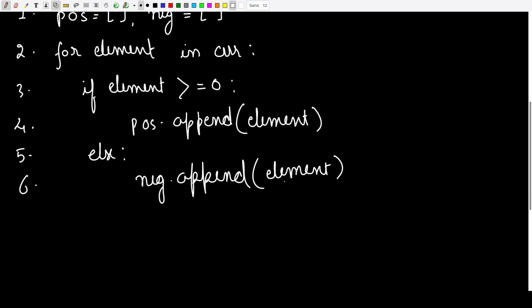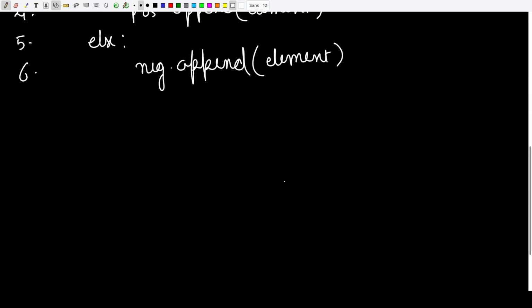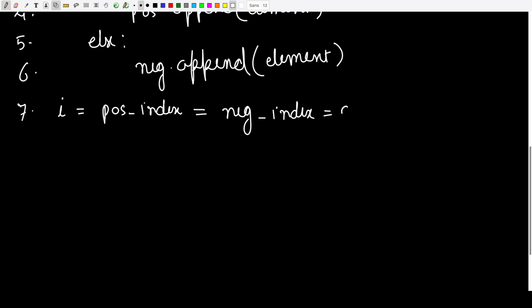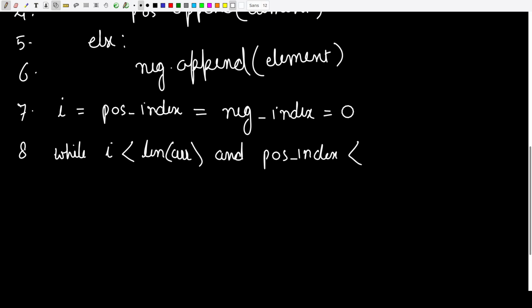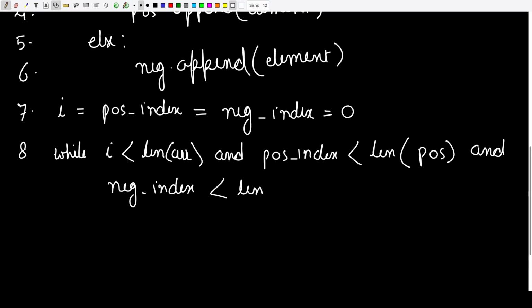Now once we have pushed the elements onto the positive and negative arrays, we have to alternate between positive and negative and arrange the elements of the array. For that, let's take an index i, a positive index, and a negative index, and set all these values to 0. Then we are going to iterate while i is less than len of array, positive index is less than len of positive array, and negative index is less than len of negative array.